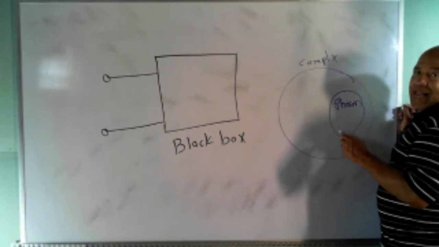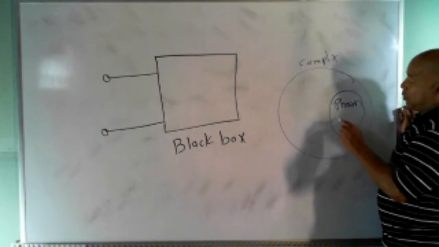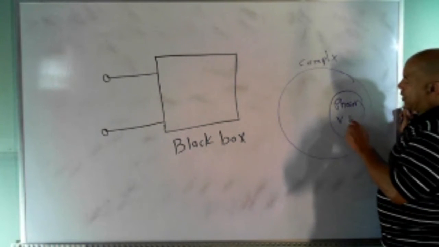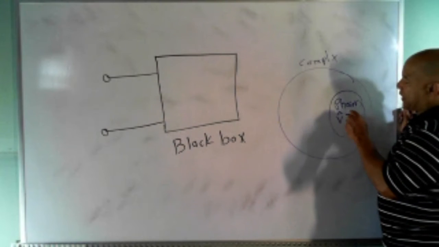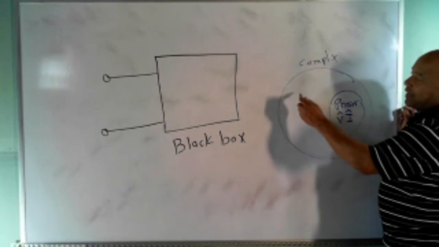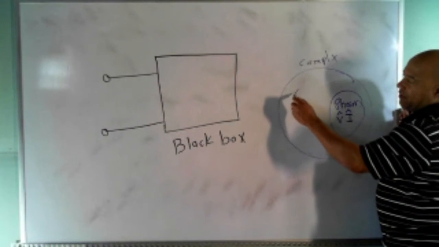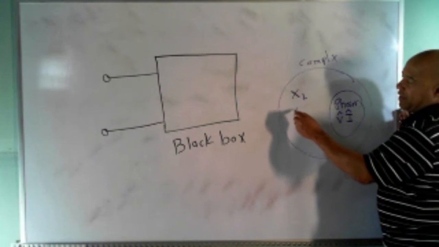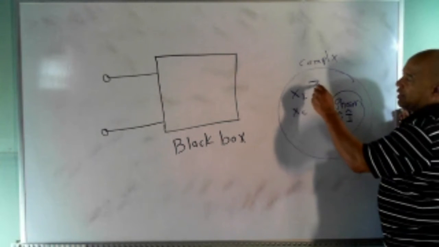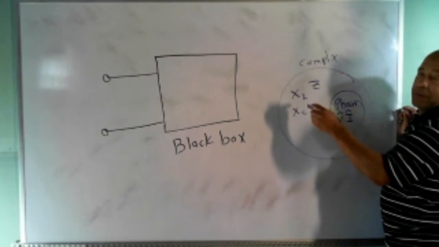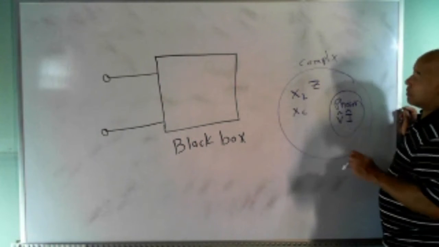The only thing that's allowed to be a phasor is a voltage or current. And the way I'll show it as a phasor is by putting a hat on top of it. Anything else, like if I have XL or XC or Z, those are all complex numbers, but they're not phasors. So that's important.